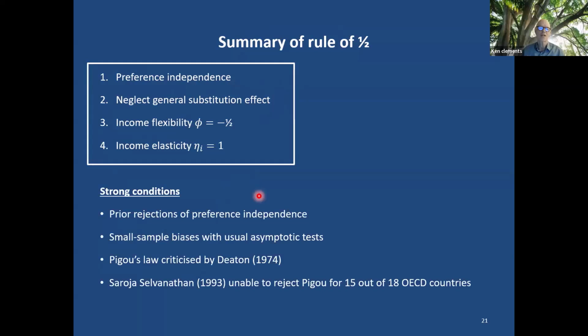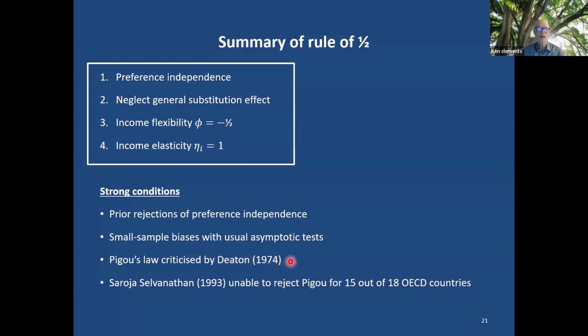These are all strong conditions, admittedly, and early work on testing preference independence mostly came to reject that hypothesis, but it was subsequently shown that much of that research was subject to small sample biases by using asymptotic tests for the test statistics.